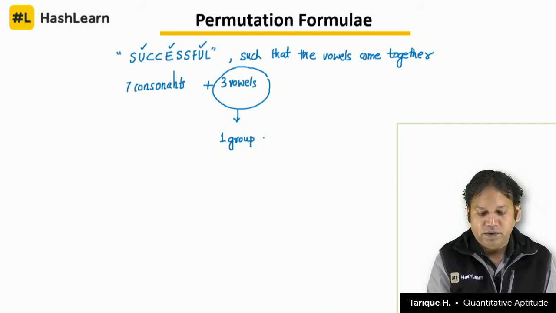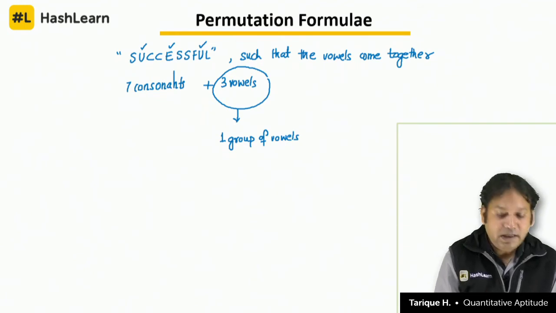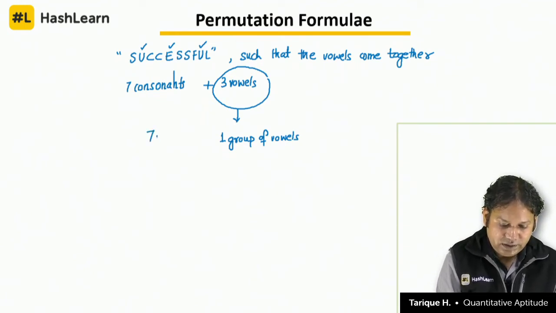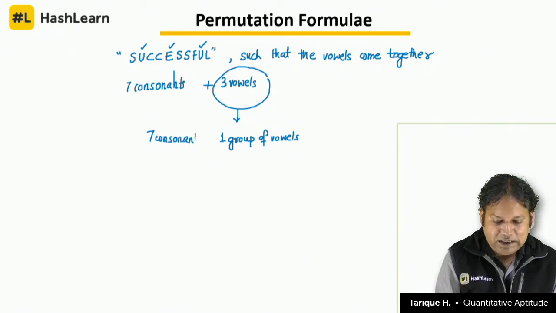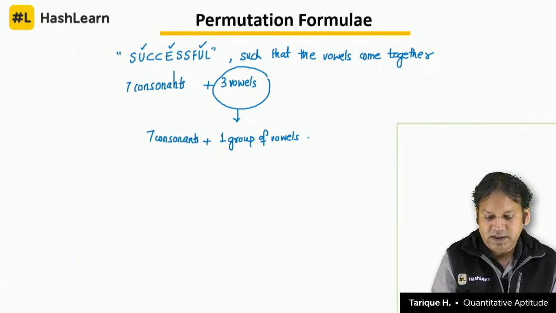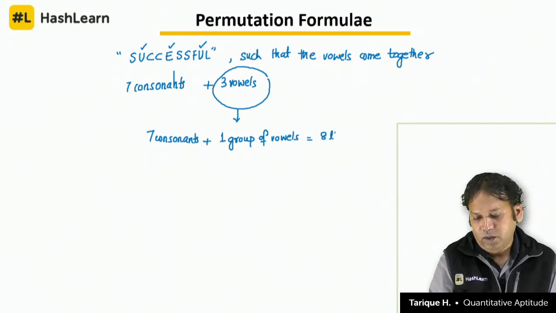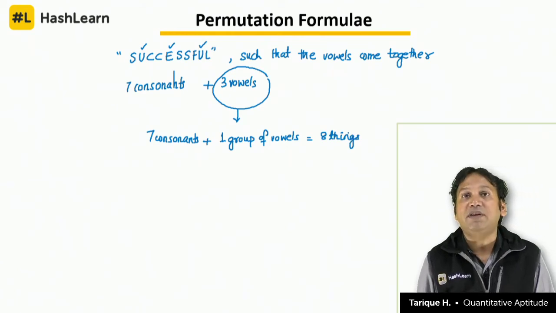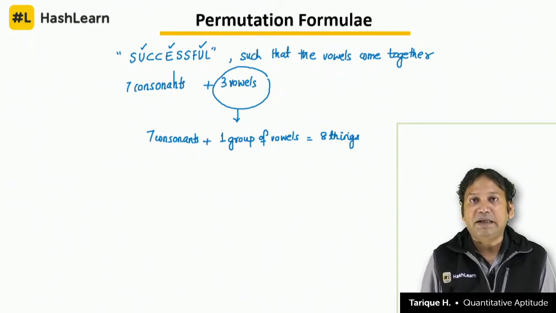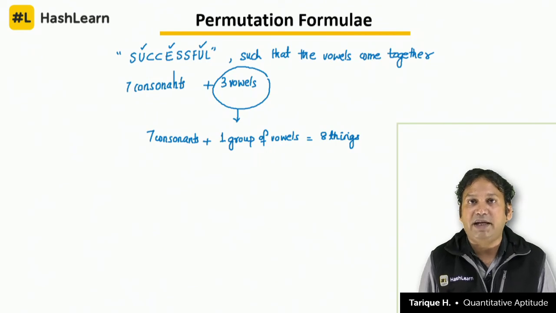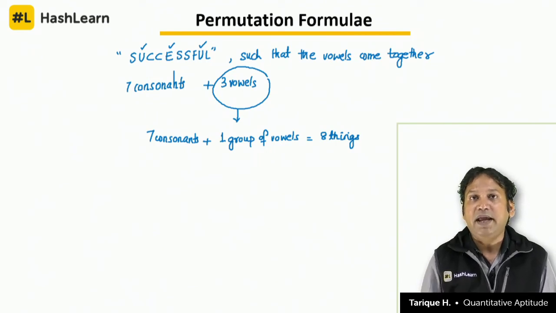So, now how many things are there? 7 consonants plus one group of vowels equals 8 things. What is repeating, what is not repeating, do not worry about all those things right now. Just see how many things are there. 7 consonants plus one group of vowels equals 8 things, and 8 things can be arranged in 8 factorial ways.